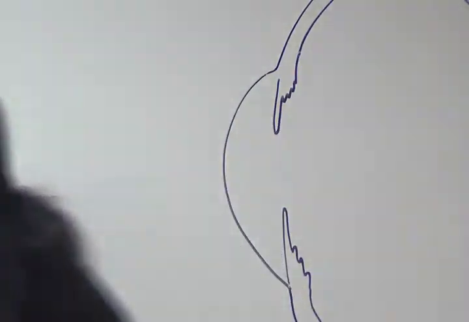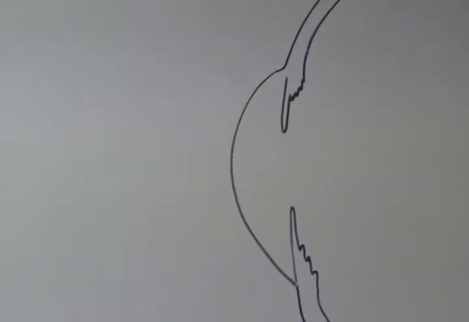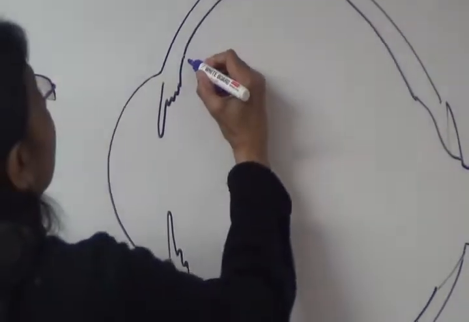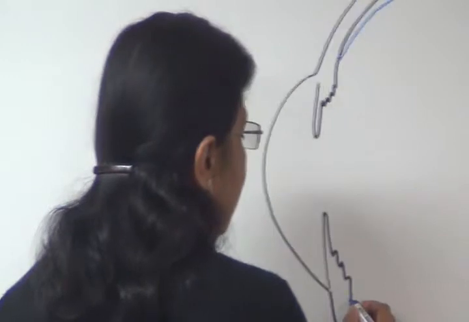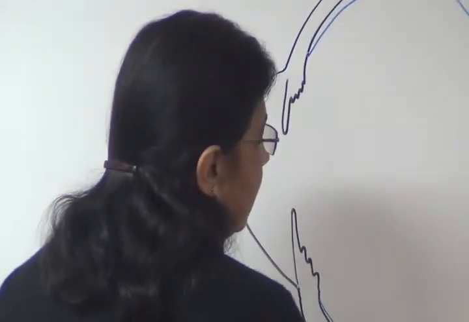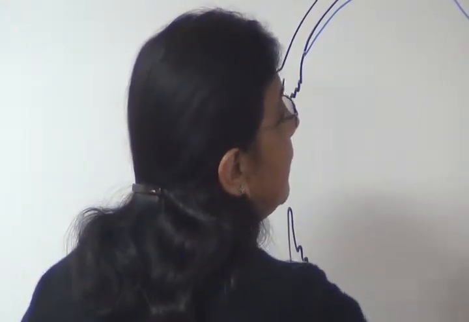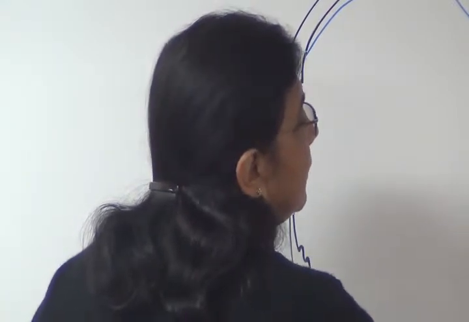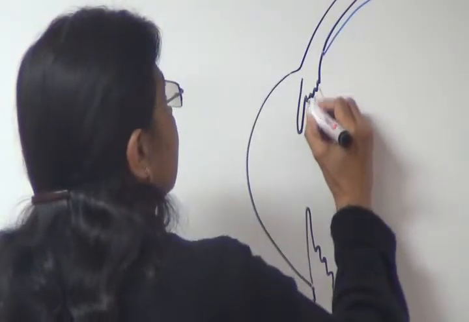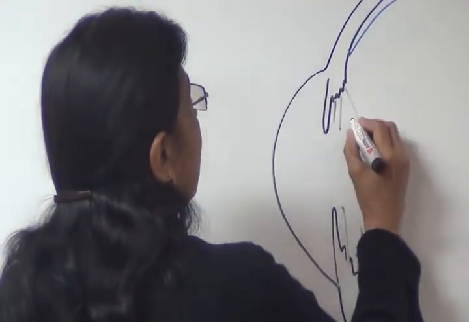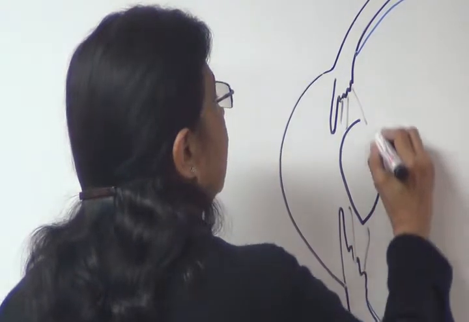And then you have the retina here. We all know that the retina has the primary receptors for the light, right? And then inside this structure, we have the suspensory ligaments and the lens here.